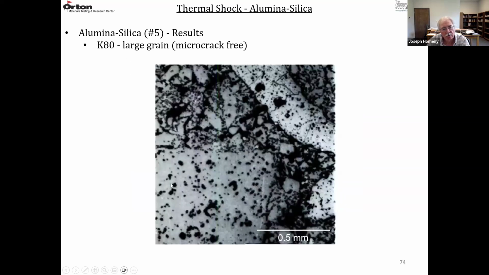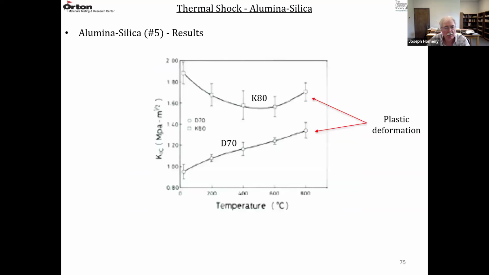The larger grains in the 80% alumina, you can see the pore structure, the dark circles are the pores. They were not microcracked, so they were pretty much microcrack free.